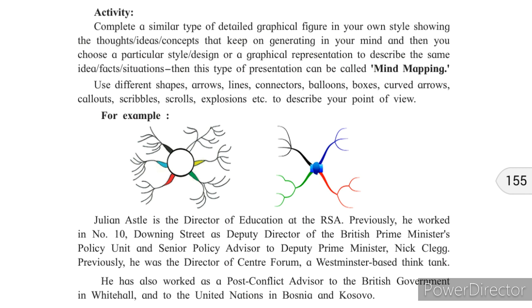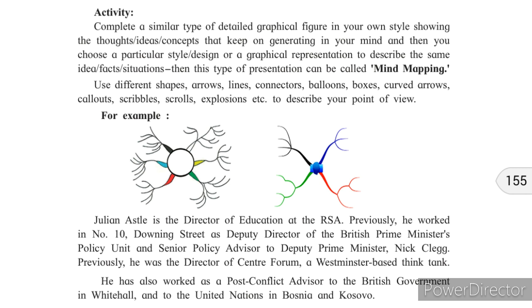Previously, he was the Director of Centre Forum, a Westminster-based think tank. He has also worked as a post-conflict advisor to the British government in Whitehall and to the United Nations in Bosnia and Kosovo. So dear friends, this is an example wherein we have to create a mind map.